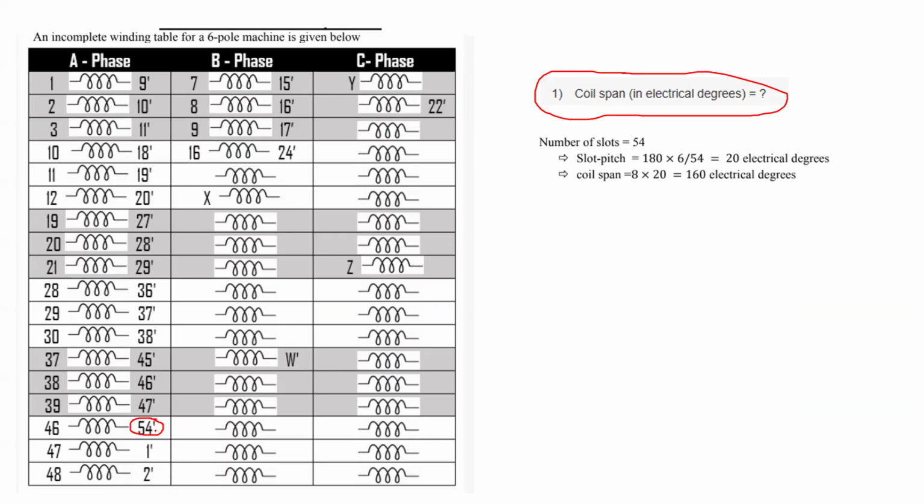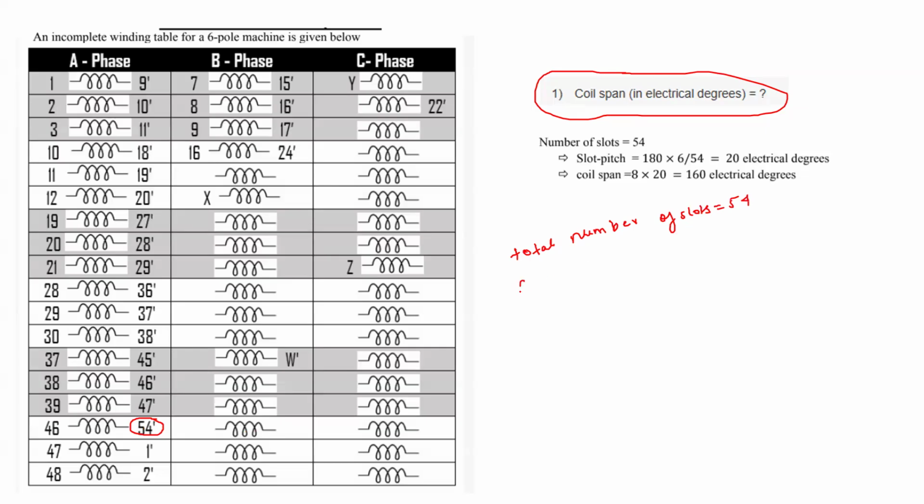It may be mentioned in the question that this is a 54 slot machine, and if not, you can just identify the maximum slot number here. Once you identify the maximum slot number, that is the total number of slots. So the total number of slots are 54.